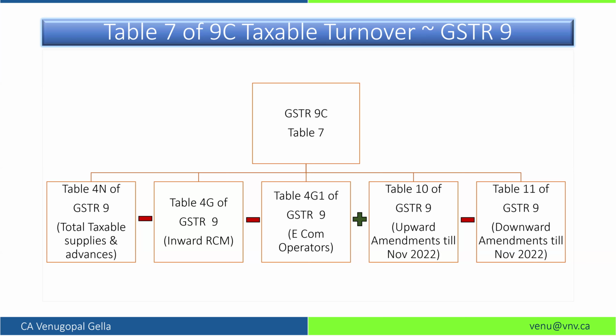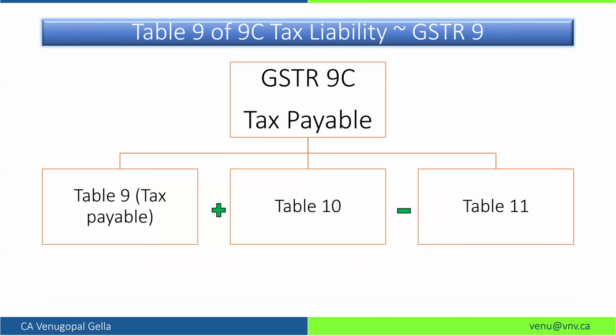Fundamentally, one thing we also need to know now is that table 10 and 11 are only related to taxable turnover and not exempted turnover. So exempted turnover, if missed out in reporting in R1 and 3B, cannot be reported in table 10 and 11. It has to be reported in table 5 only.